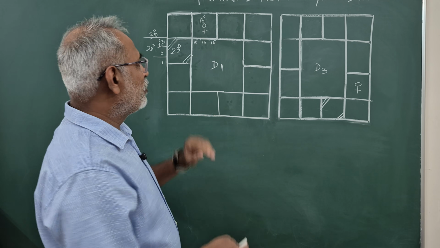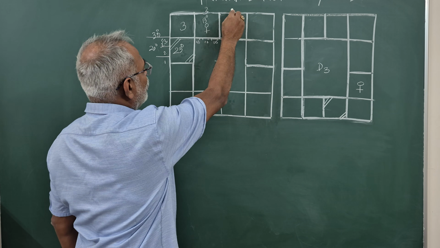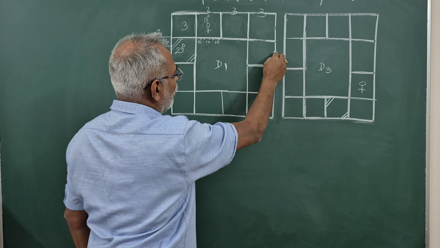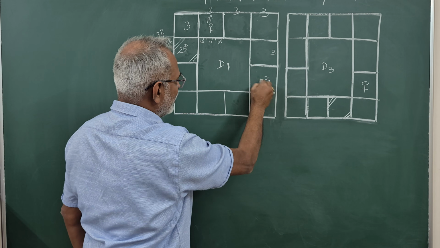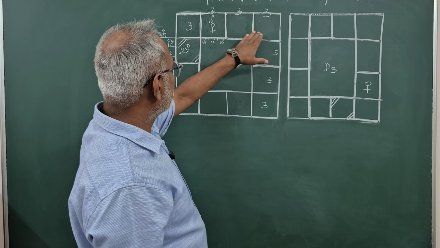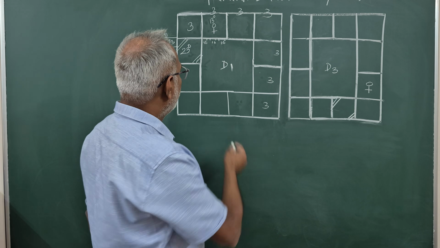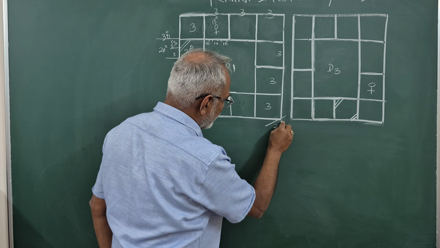So it is easier to count here. So 3 Drekkanas for each sign. 1, 2, 3, 4, 5, 1, 2, 3, 4, 5, 6, and 7. So you have 3 sevens, 21. So we have 21 Drekkanas here.